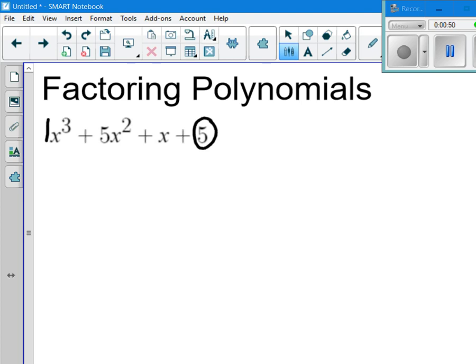The possibilities of all the rational roots are plus or minus the factors of the constant, which is 1 and 5, over the factors of the leading coefficient, which is 1. So that means we have plus or minus 1 and 5, which means we have four possibilities: negative 5, negative 1, 1, and 5. We only see one.